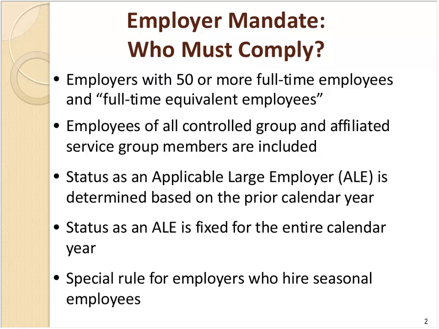So if in 2015 you averaged 50 or more full-time employees plus full-time equivalents for all the months in the year, then you will be an applicable large employer for the entire 2016.